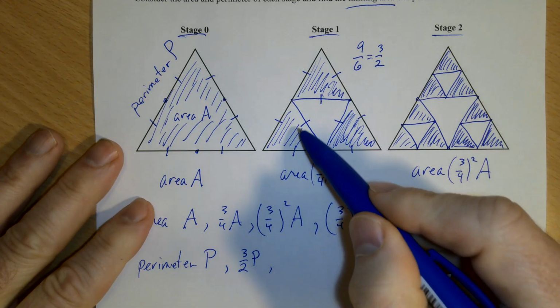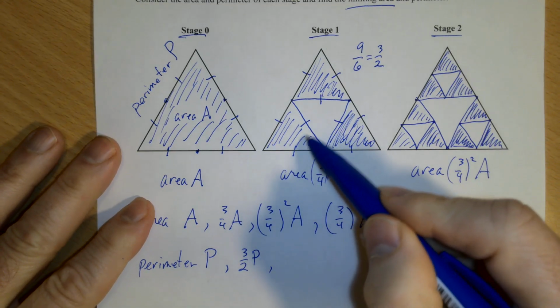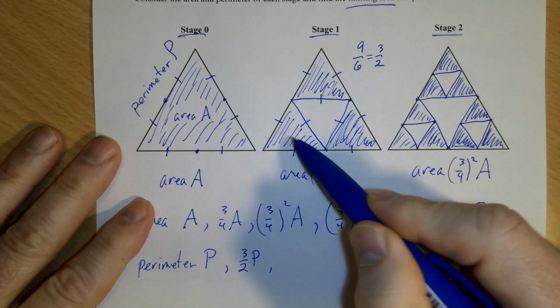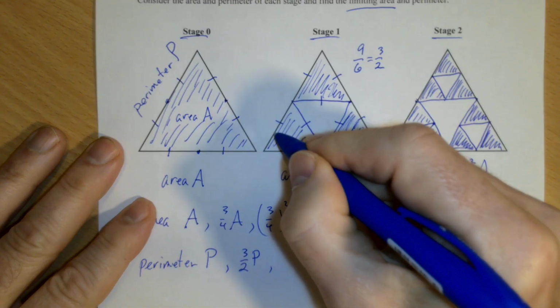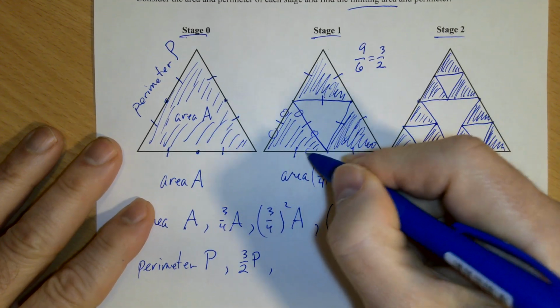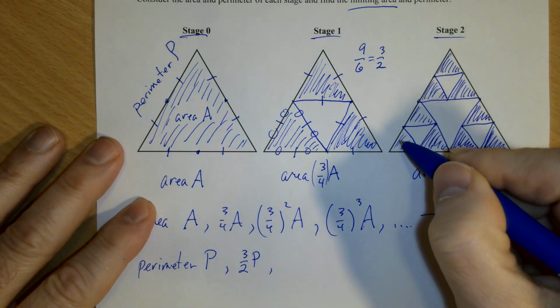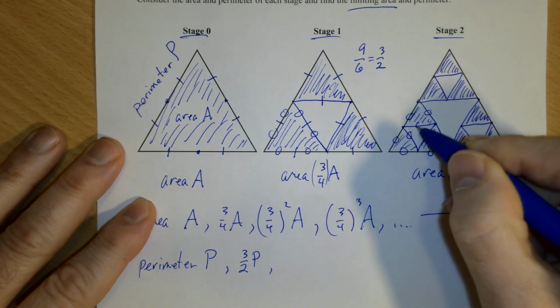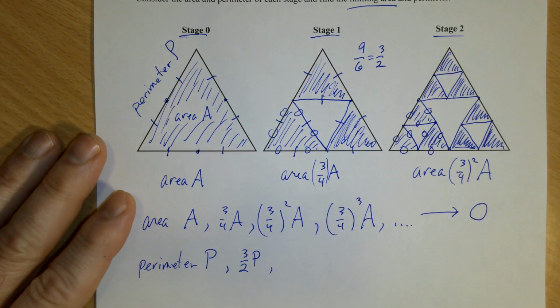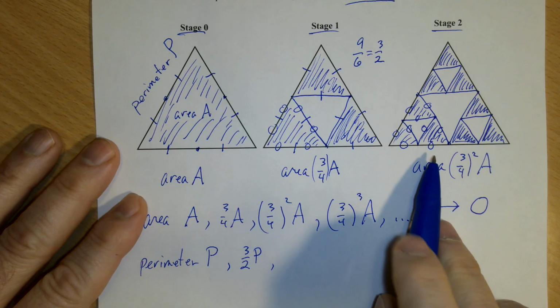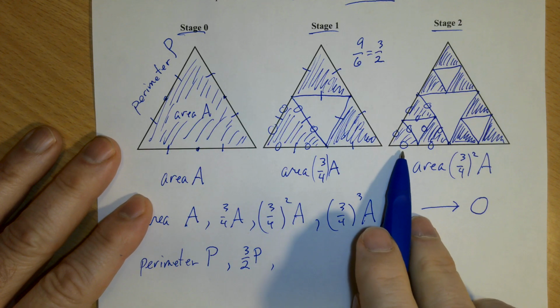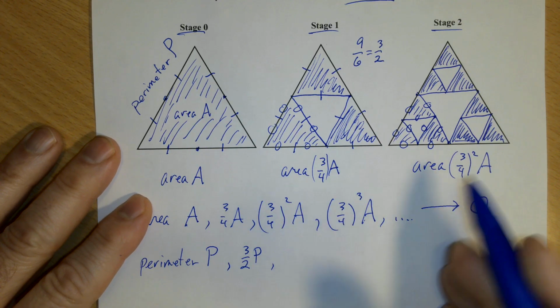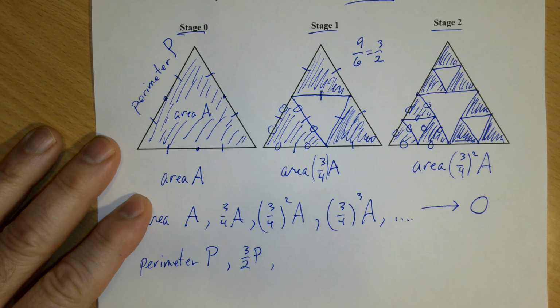Well, that was the hard work. Now notice every single one of these little shaded triangles went from 1, 2, 3, 4, 5, 6 to 1, 2, 3, 4, 5, 6, 7, 8, 9. We did exactly the same thing. The perimeter just jumped by a factor of 3/2 times the previous one.